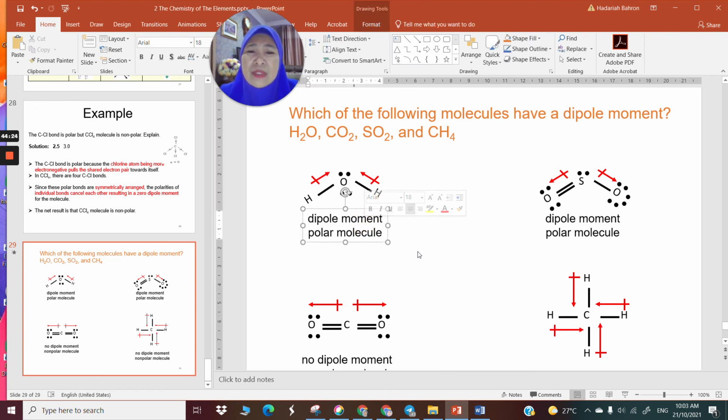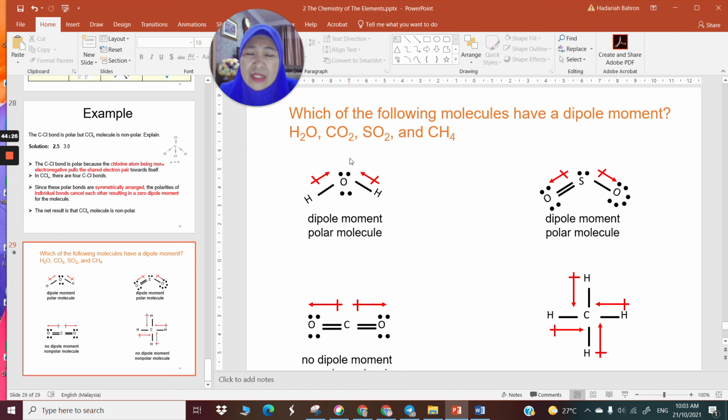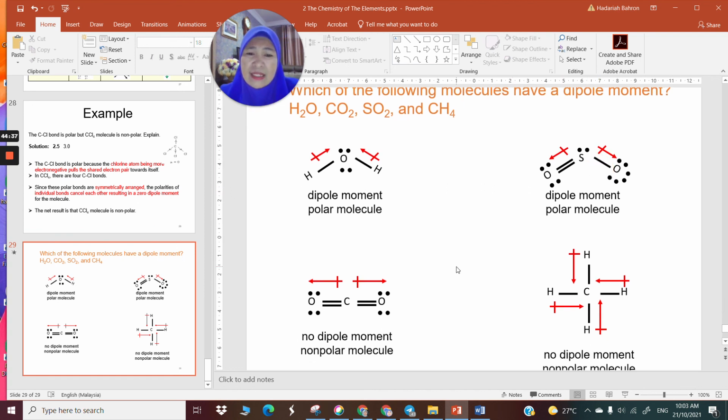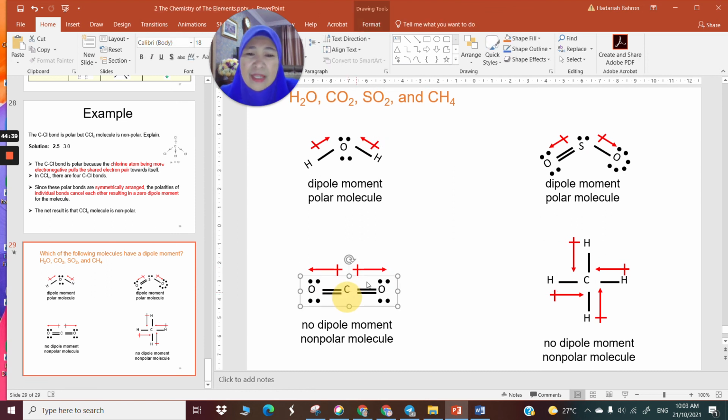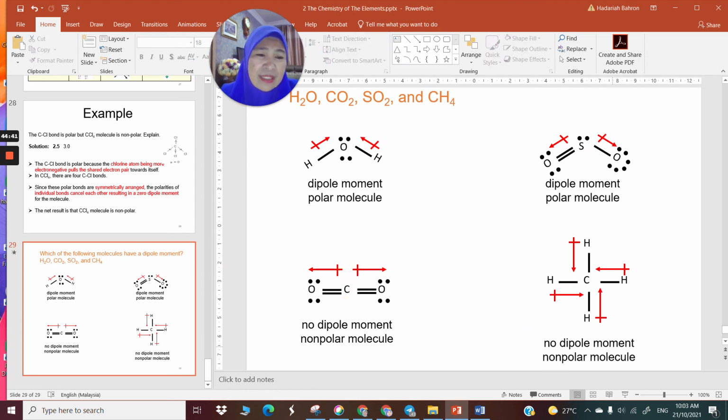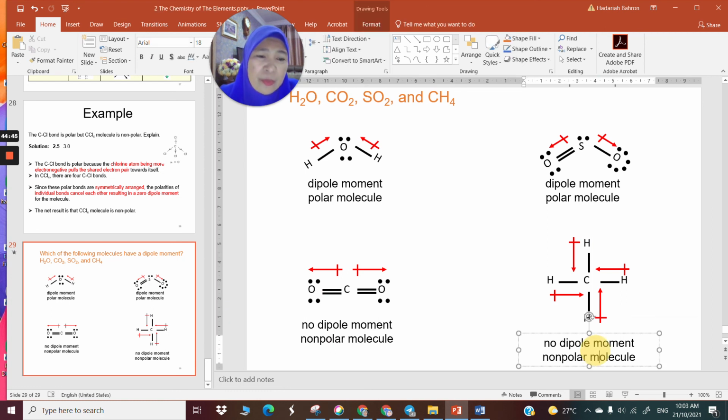Water, for example, has a polarity going to the top. Your SO2 has a polarity going to the bottom, and CO2 has no polarity because they cancel each other out perfectly. Same as your methane, it has no dipole moment, it is a non-polar molecule because of the same principle.